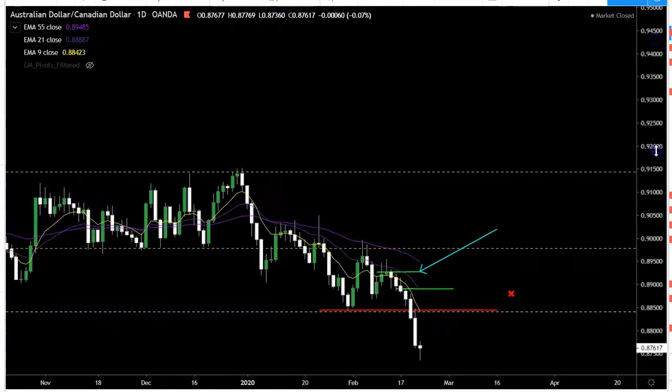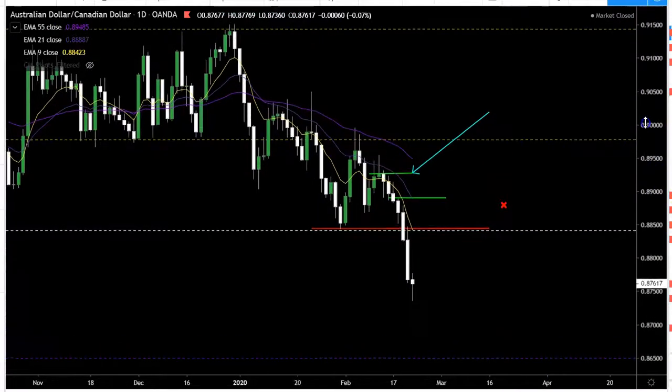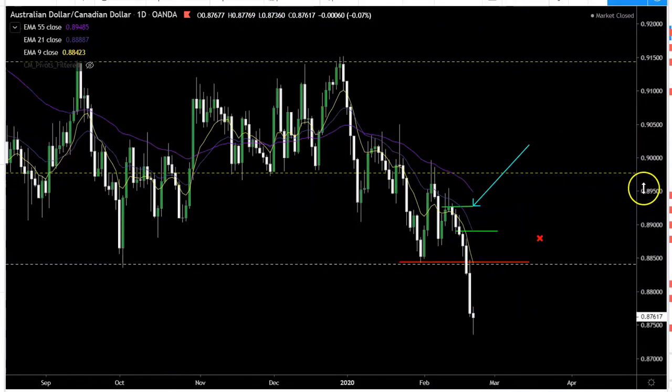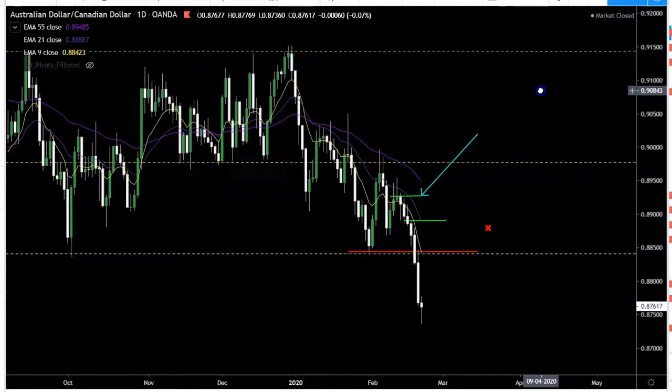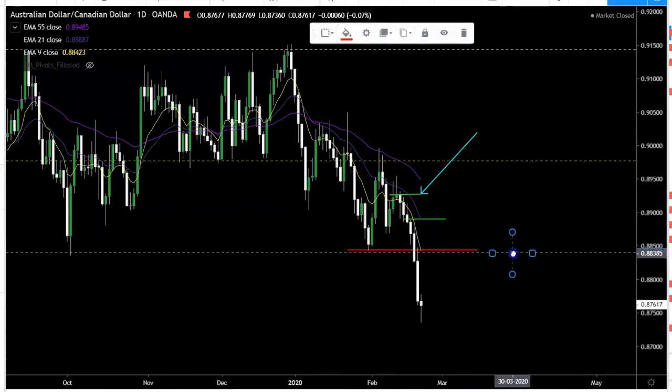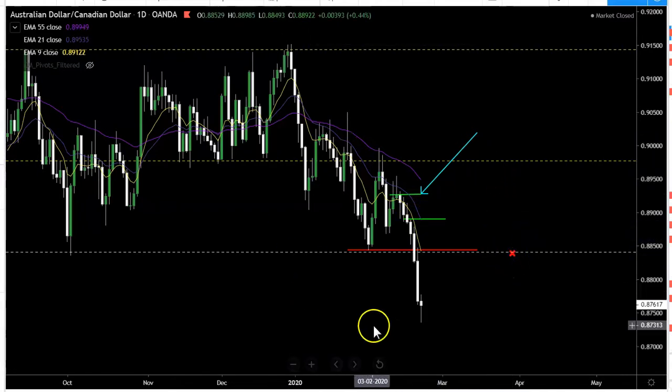You've just got to be so careful with getting caught up in the rhetoric of commentators and would-be educationals. We talked about this level being the key support area, and a possible trade here, which we were able to take last week.